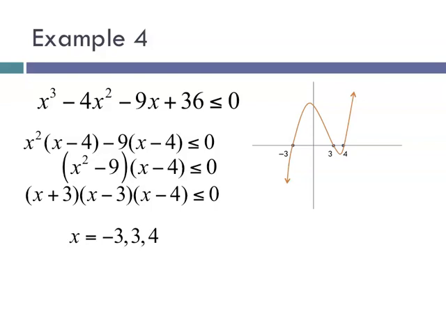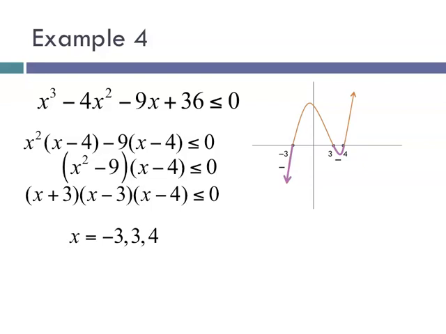In this case, our polynomial inequality was less than or equal to 0. So we're looking at the places where it is below or equal to the x-axis. So that would be this section right here and this section right here. So that's negative there and that's negative there.